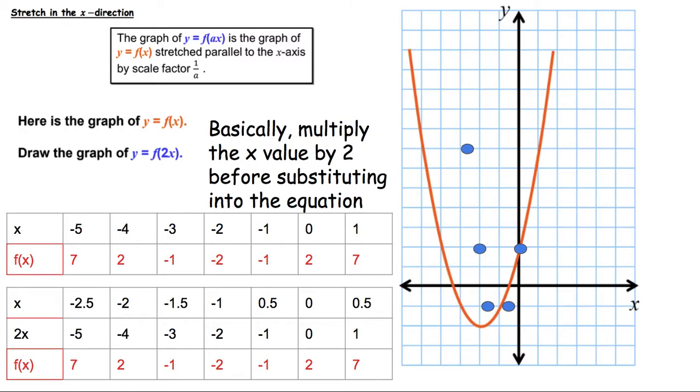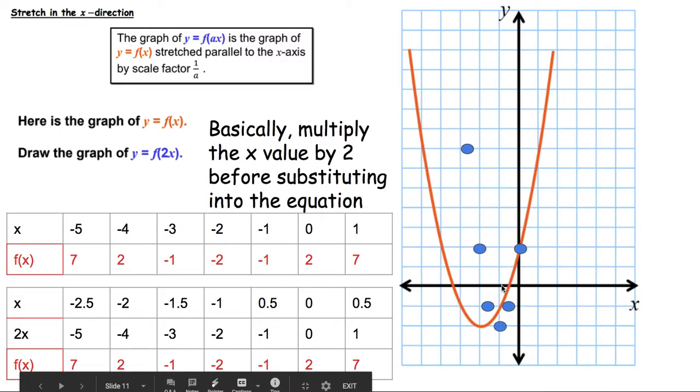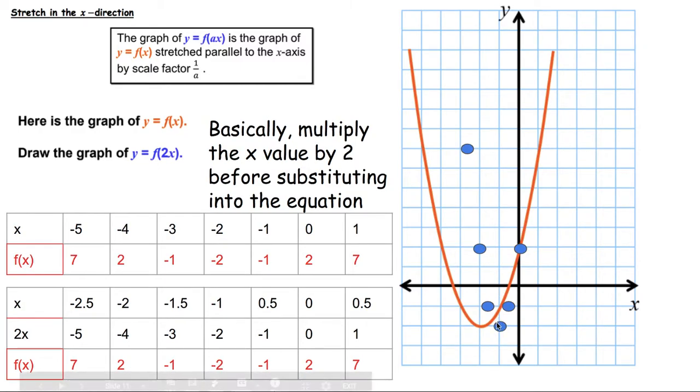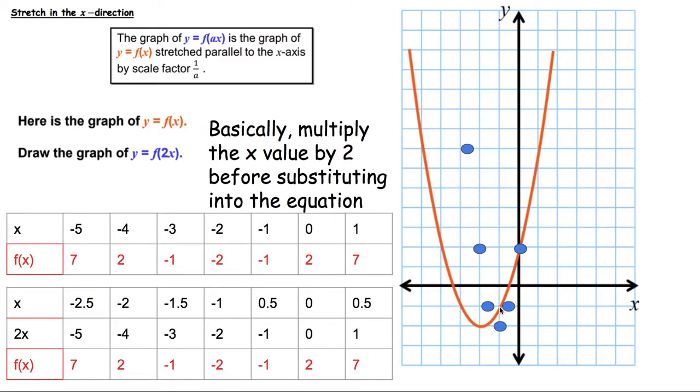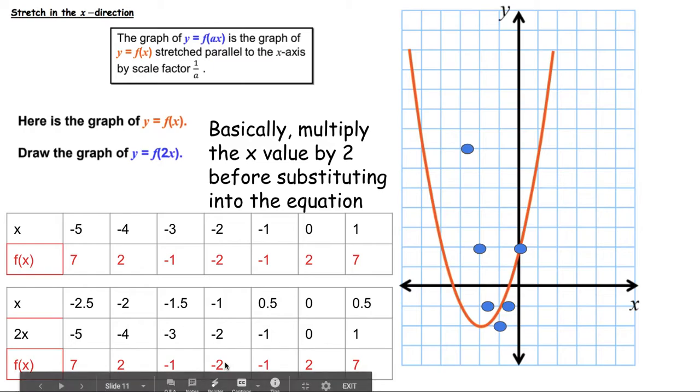So if I plot those, and I've not done my animations right, but if I plot those, what I would get is this one here. So this one here is minus 1, minus 1. And if I look, what I'm actually plotting at minus 1 now is minus 1, minus 2, because it's half of minus 2.